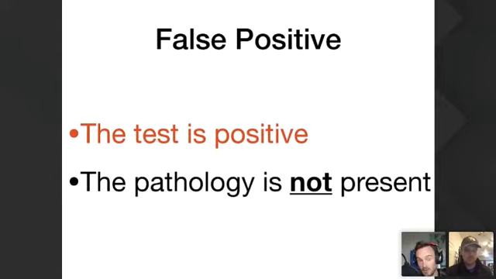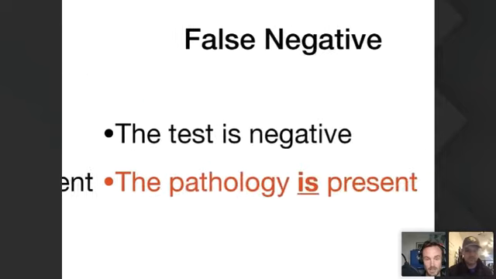Patient says, ouch, that's a positive test, but the pathology may not be present. They may not have rotator cuff tendinopathy, call it impingement, whatever. They won't have that there. So when you do a test and the test is positive, it's a false positive if they don't actually have that condition. And how do you determine that? Well, commonly in the research, that's determined by gold standard imaging, which is MRI studies, which we can talk about a bit more later. So that's a false positive. It's getting a positive result when actually it's not there.